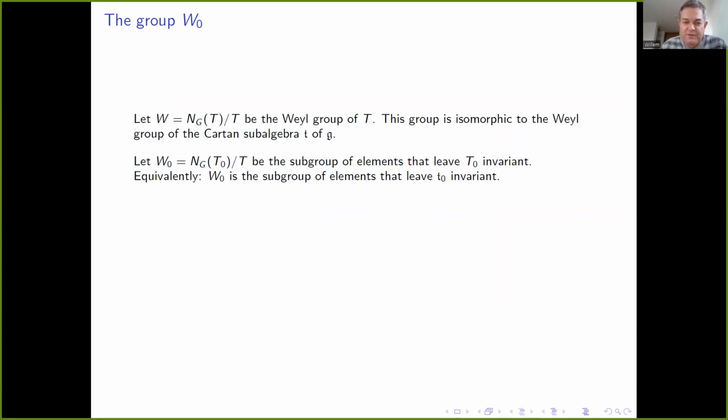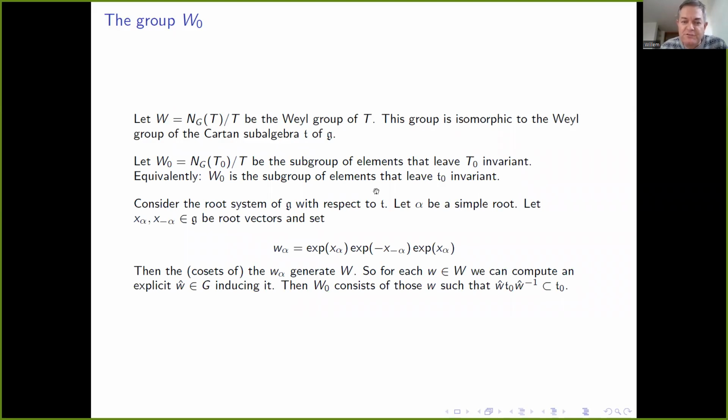Okay, so why do we care? First, a little remark on how to get this W0. So W we know how to get because it's the Weyl group of a root system. We can compute this root system and we can compute the Weyl group. Now, using standard constructions, we can compute elements of G that induce elements of the Weyl group. How does it work?